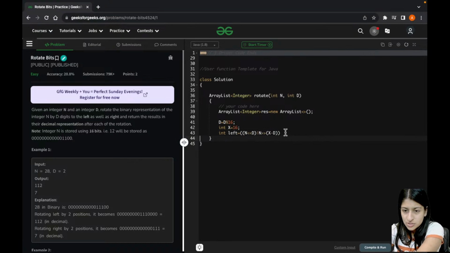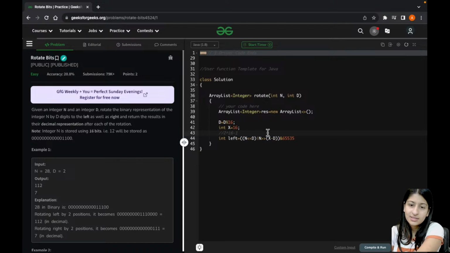After this you are doing a bitwise AND with 65535. And why are we doing so? I told you 65535 represents 2 to the power 16 minus 1. This is the reason we are doing it.